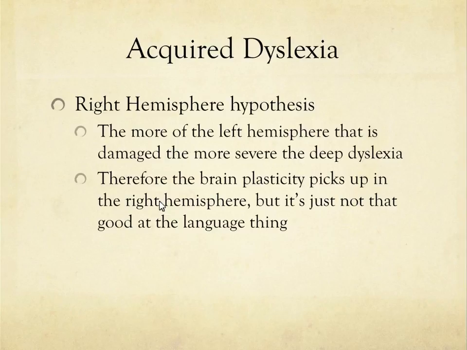And so what'll happen is the brain is plastic to an extent, and so the right hemisphere will pick up the slack, but it just doesn't know how to handle all this language stuff. It is the very, very simplistic view of this hypothesis. So when we have damage to the left side and the right side picks up the slack, it just is not doing a good job. So remember, all of these are acquired dyslexias. So these are dyslexias caused by brain damage.